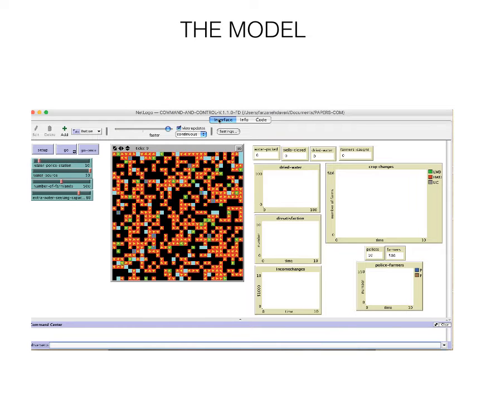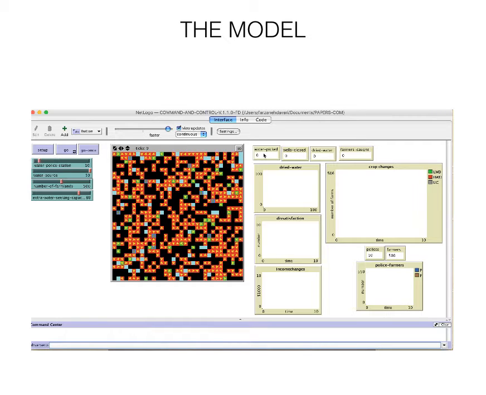As an output, as a system, the model observes crop pattern change and collects the information over time for high water demand, low water demand, and uncultivated land. Also, the number of police and number of farmers are changing, and the outputs are cumulative at the system level.